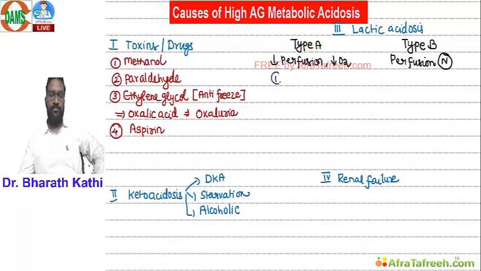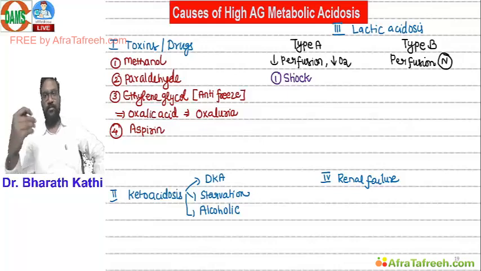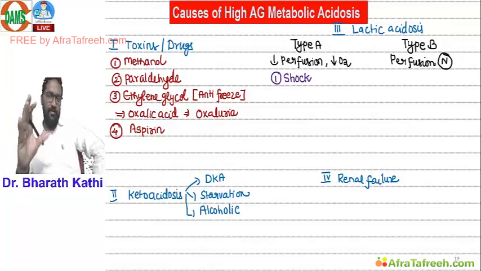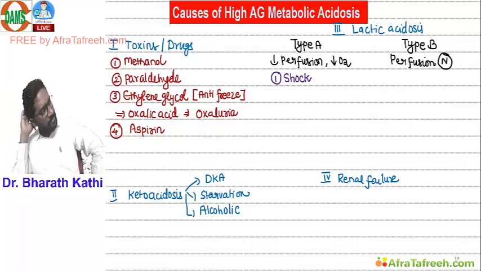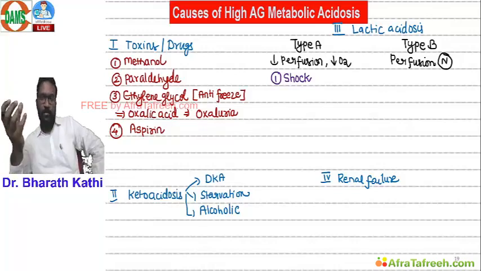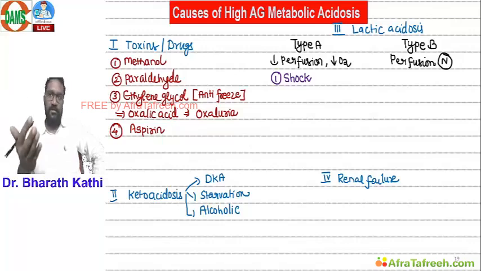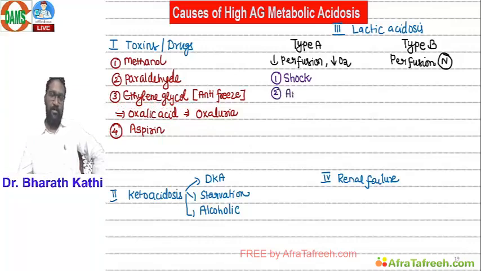What are the causes of usual lactic acidosis type A? We all know, shock. What is the source of oxygen to your tissues? You must be knowing lactic acidosis is formed as a part of anaerobic metabolism when oxygen is less. What brings oxygen to your tissues? Blood. In shock, there is no sufficient perfusion. Anemia. In that blood, what carries oxygen?